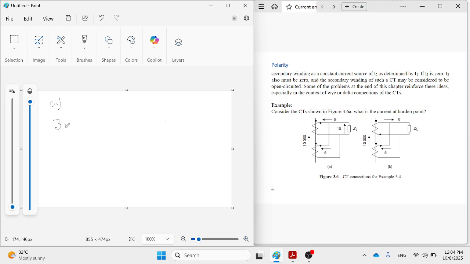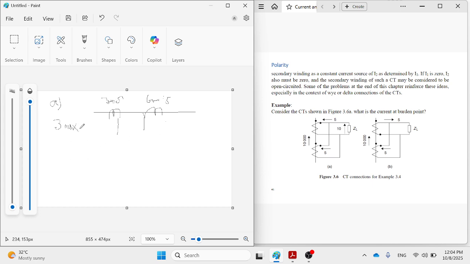The primary current setup is exactly the same as the previous one. This is 300 to 5, and the other CT connected here is 600 to 5. These two are connected in a way that improves each other, the same as figure A. So the primary for both of them is 3000.